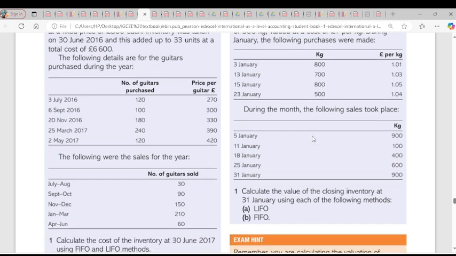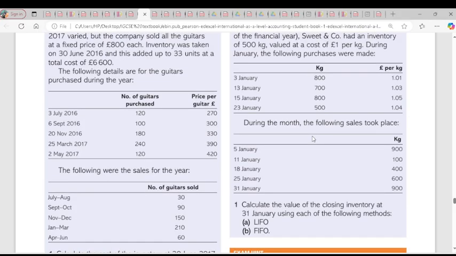Sales in July, quantity sold is 30, and we already have 33, so that reduces it to 3. Did you get it or not? We have 30 sold. How many is left? 3. 3 multiplied by 200 gives us 600.